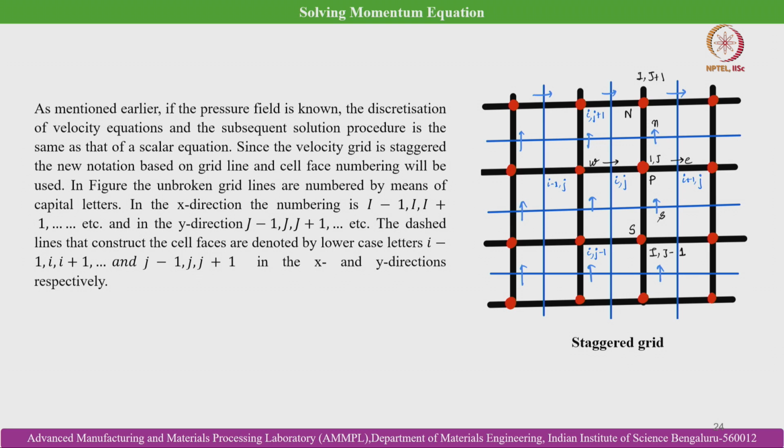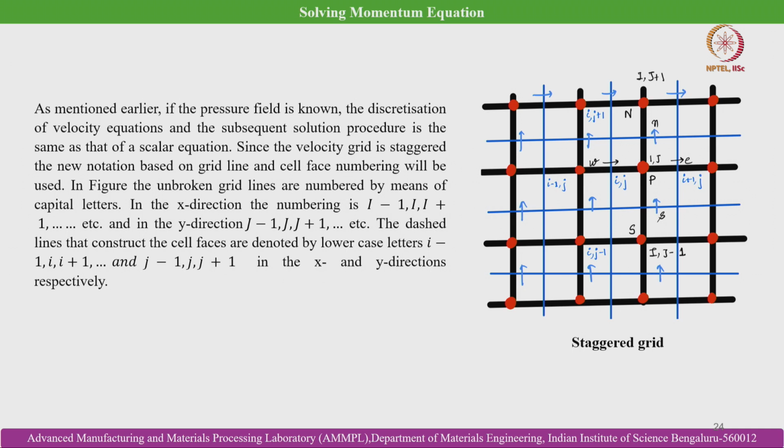As mentioned earlier, if the pressure field is known, the discretization of velocity equations and the subsequent solution procedure is the same as that of a scalar equation. Since the velocity grid is staggered, a new notation based on grid line and cell face numbering will be used. This is in the figure, a typical staggered grid.